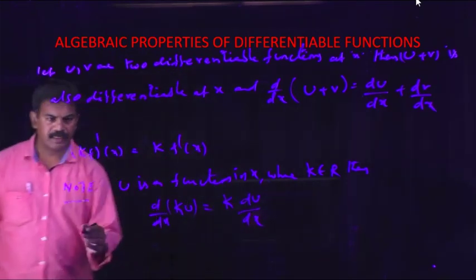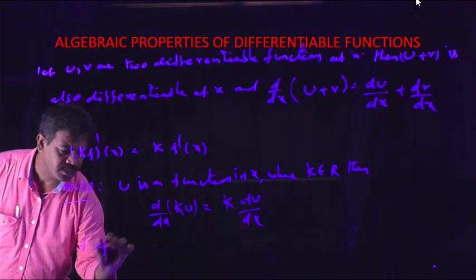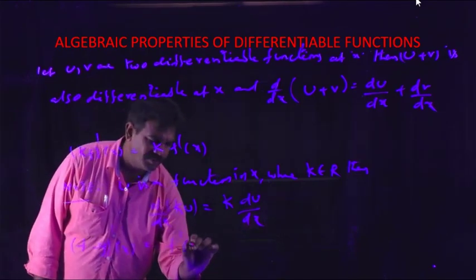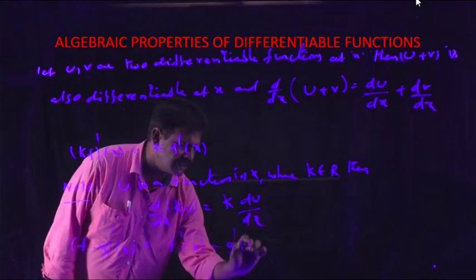Another one is (f minus g) dash of x is equal to f dash x minus g dash x.